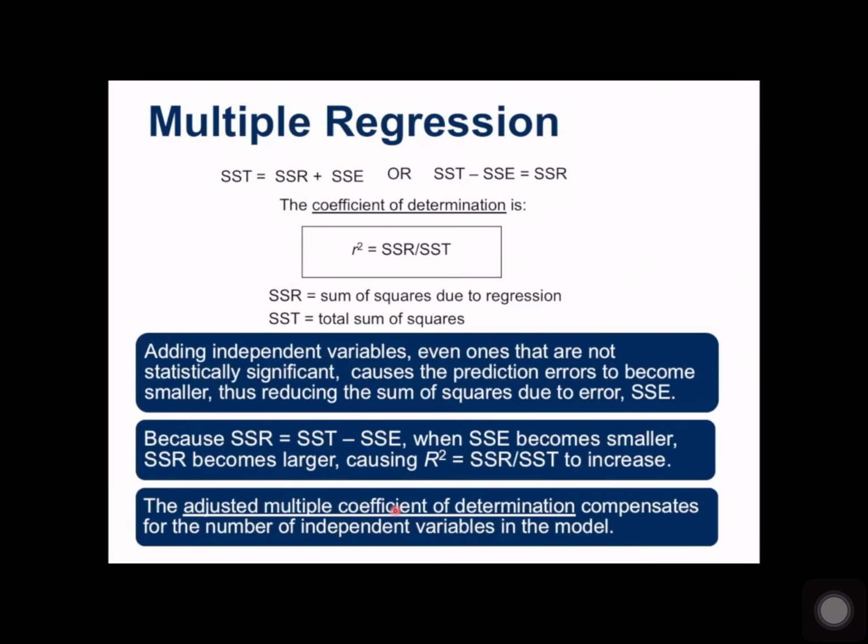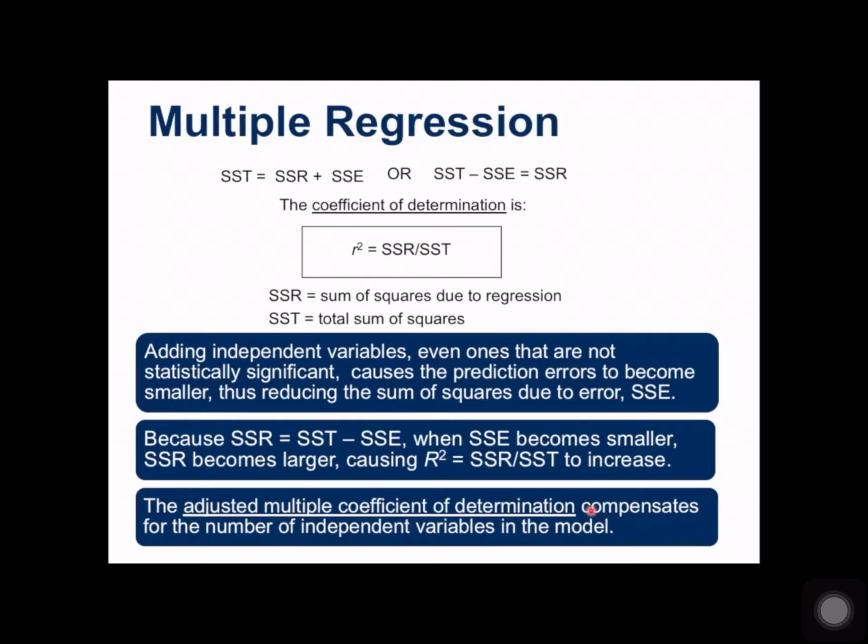When we have multiple regression, the R squared still is interpreted as the total amount of variance accounted for in the dependent measure. So all of what we've just learned stays the same with multiple regression. And so that's a good thing. We're still adding up independent variables to help us reduce the sum of squares error, and these relationships stay the same.